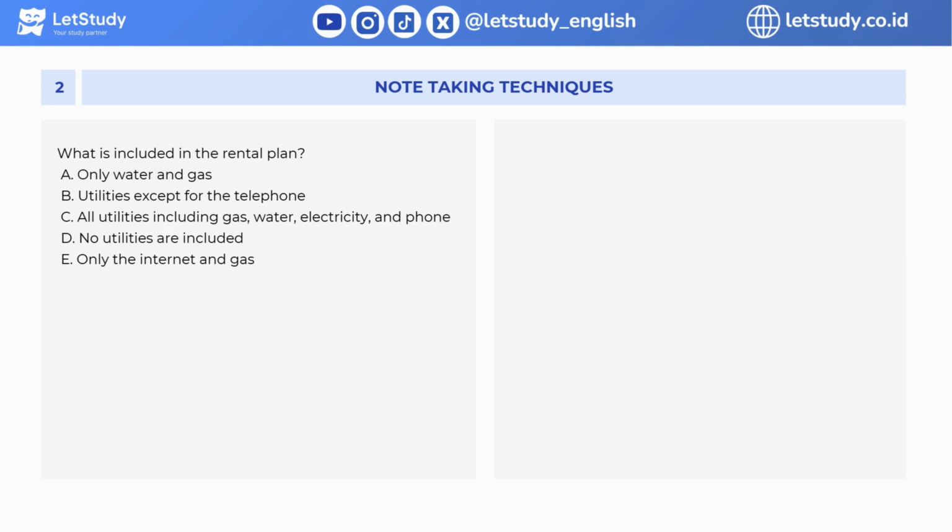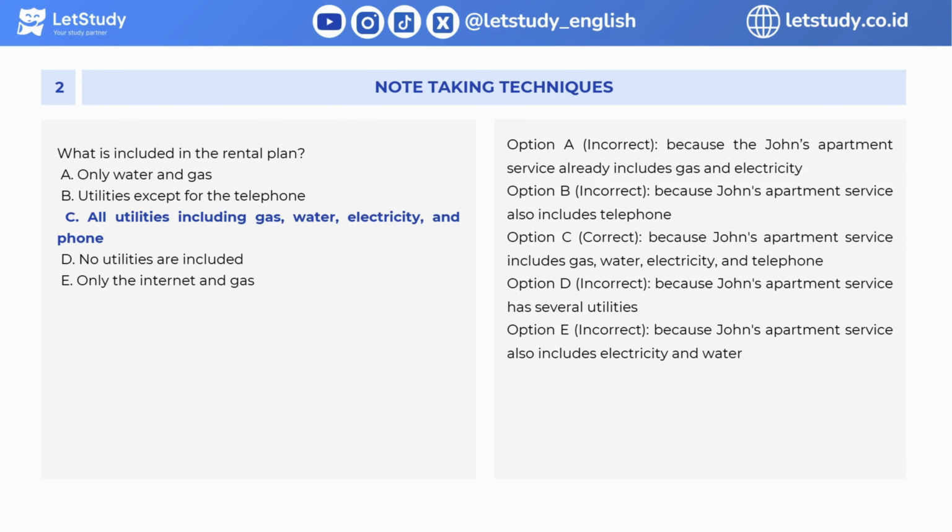And E, only the internet and gas. Based on what was already given in the conversation, StudyMates need to know what is included in the rental plan. And the answer is C, all utilities including gas, water, electricity, and phone. They also included heat, and in these particular questions, the heat will transfer into gas.